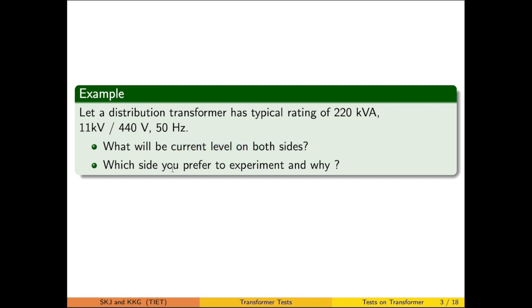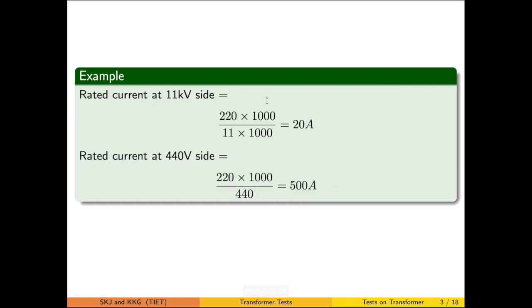This will help us in identifying which side will be our preference for the experiment and why. So the currents are calculated as 20 ampere on the 11 kV side, which is the higher voltage. On the 440 volt side, which is the low voltage, it is 500 ampere.